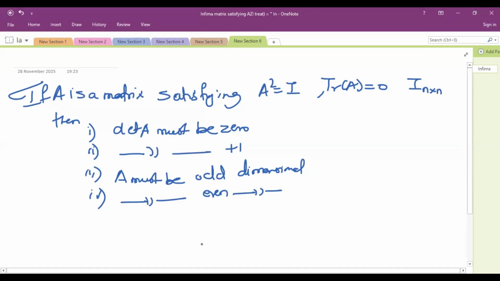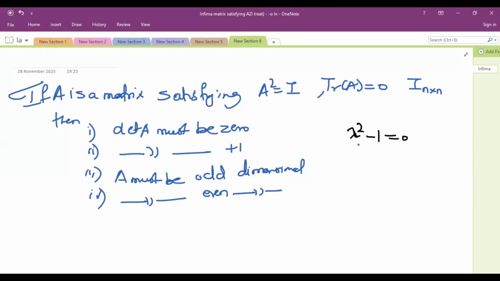Right. So let's look at this from a different perspective. What we know is A square is equal to I. So by using Cayley-Hamilton, we can go back to the characteristic equation, which is lambda square minus 1 equal to 0, satisfied by this. Not characteristic, but a kind of annihilating polynomial.